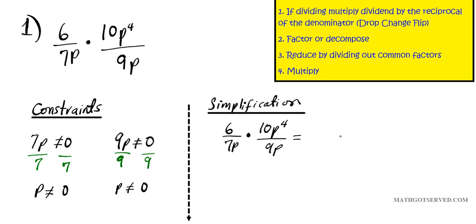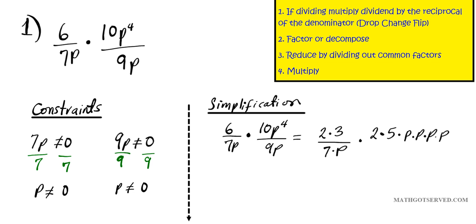So 6 can be decomposed using your factor tree into 2 times 3, and then 7p is 7 times p, times 10 can be decomposed into 2 times 5, and then p to the 4th can be decomposed into p times p times p times p.